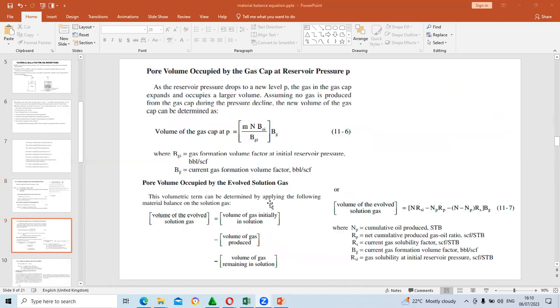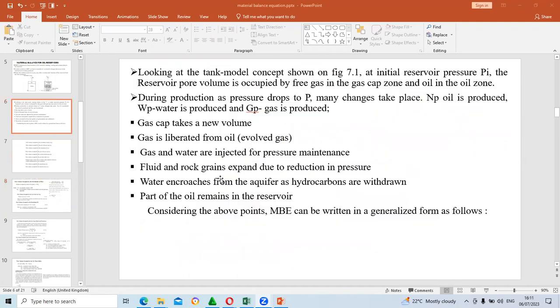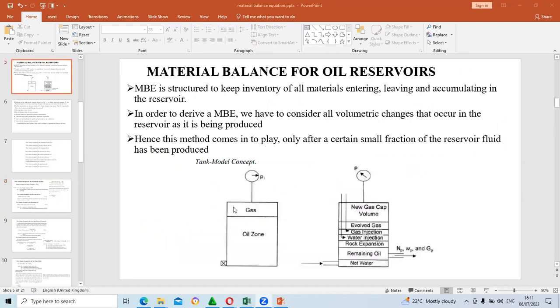So if we go now to the next concept, we want to look now at the pore volume occupied by gas cap at reservoir pressure. What we are calculating here is the pore volume occupied by the gas cap before production starts. So we are talking about the first case. How do we calculate this gas volume here?